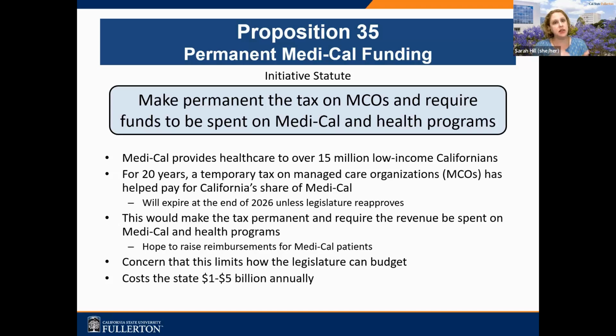The federal government kicks in a lot of the funds, the state kicks in the rest. And it's expensive to serve that many people. So we have this specific tax that we've had for a while. It's changed over the years, and it has continued to be renewed by the California legislature, but it will expire at the end of 2026 unless the legislature reapproves it.